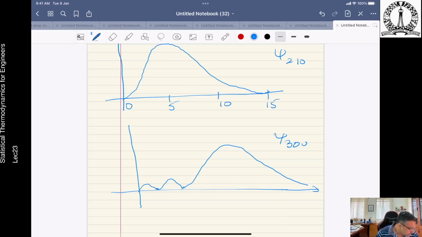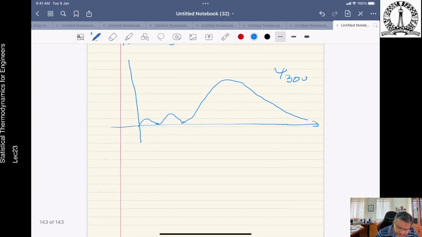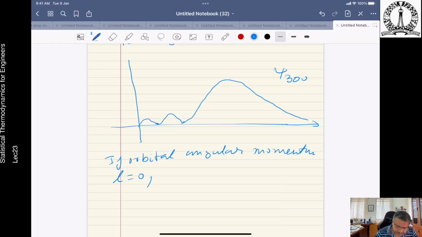Now if the orbital angular momentum L is equal to 0, the most probable locations are depicted as we saw.